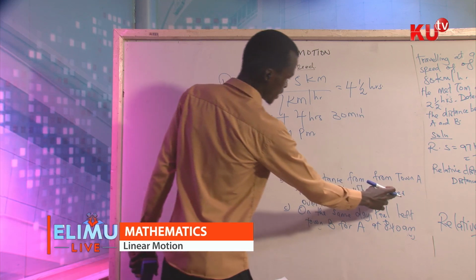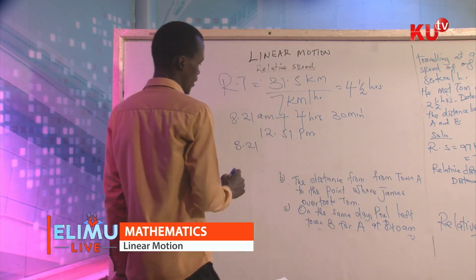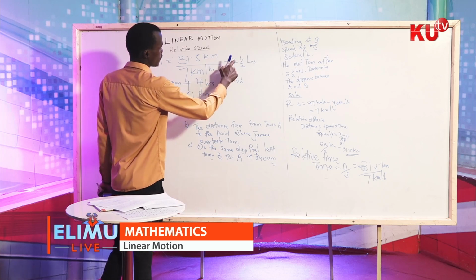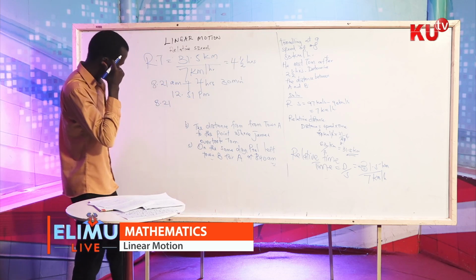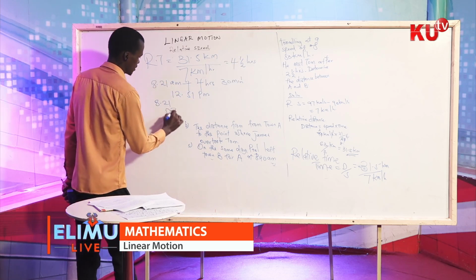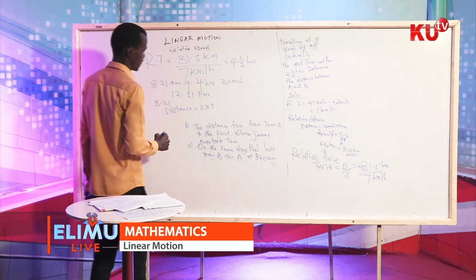James is leaving at 8:21 and it takes him 4.5 hours to overtake Tom. Distance is speed times time.